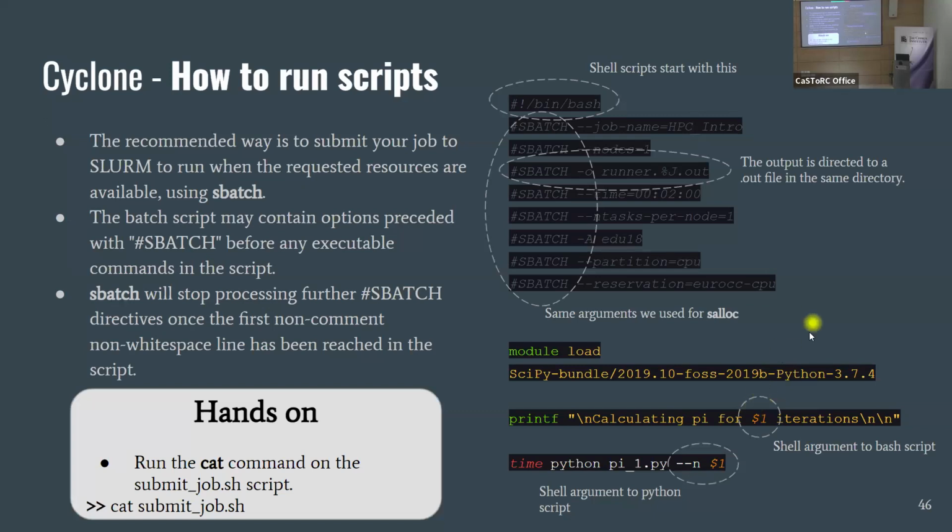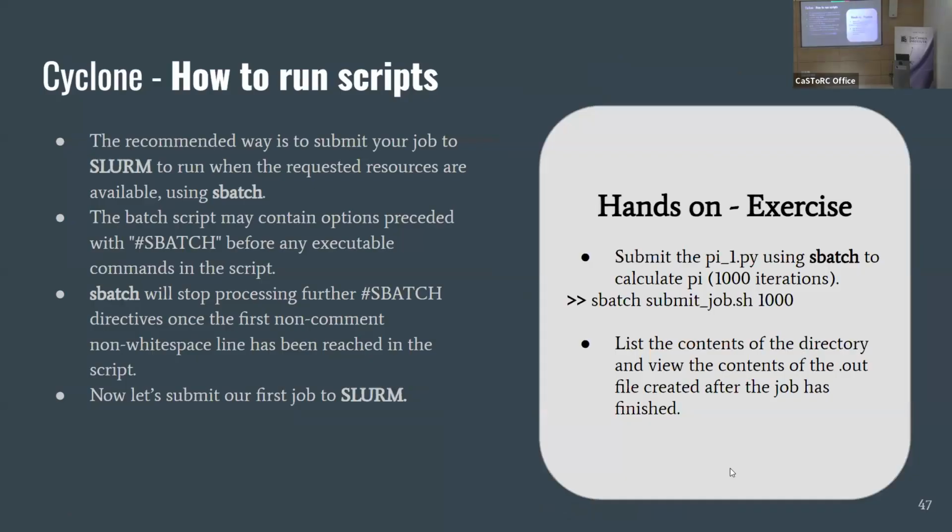So this is both a bash terminal argument that will pass to the bash script, and then that will pass it into the Python script. So now use this, run it again with sbatch for 1,000 iterations and see what happens in the directory.